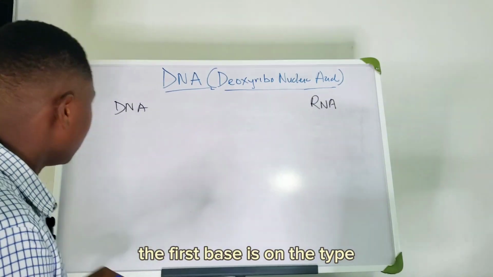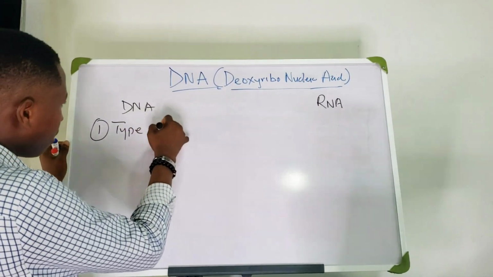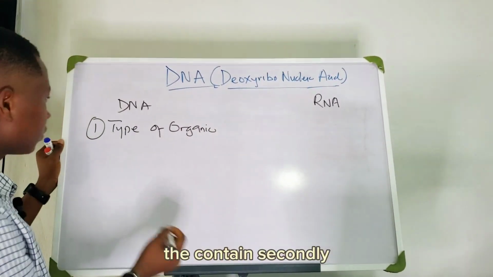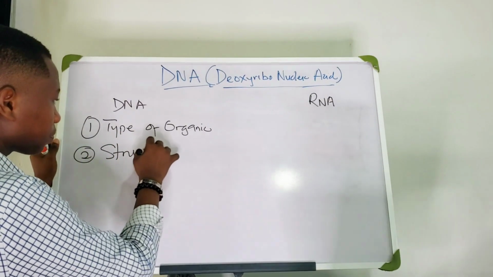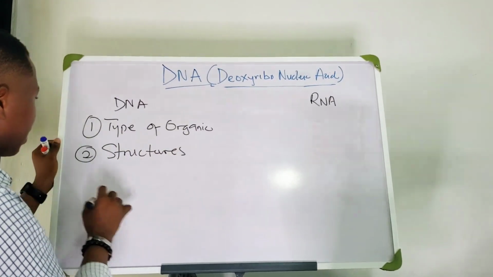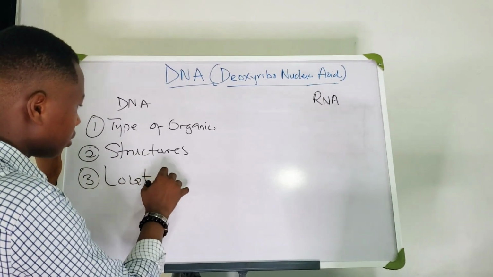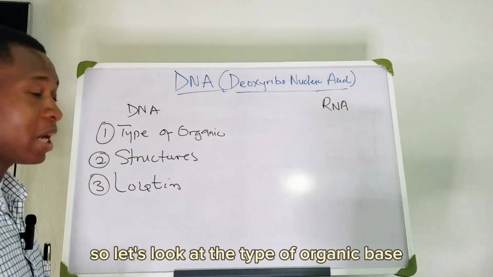The first base is on the type of organic base they contain. Secondly, their structures. And thirdly, the location of their distribution.